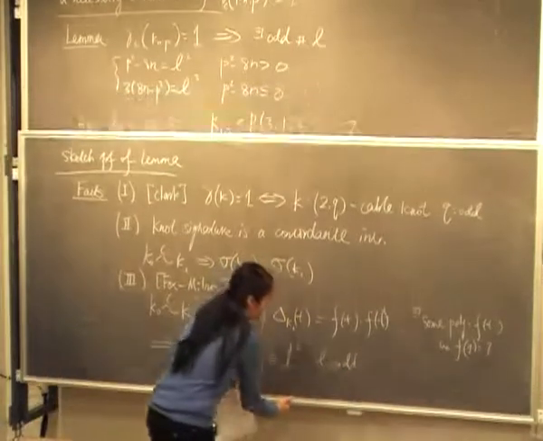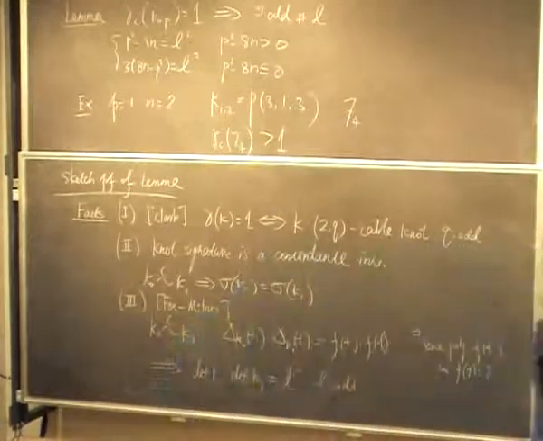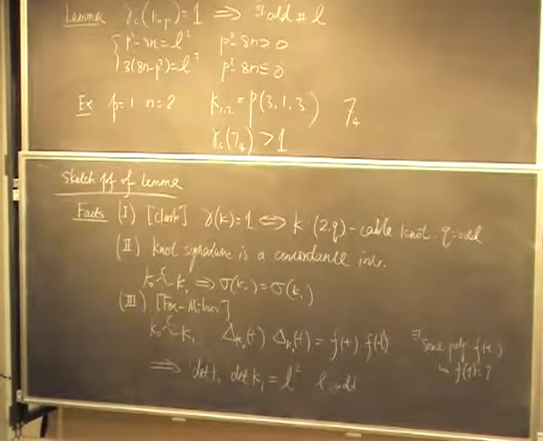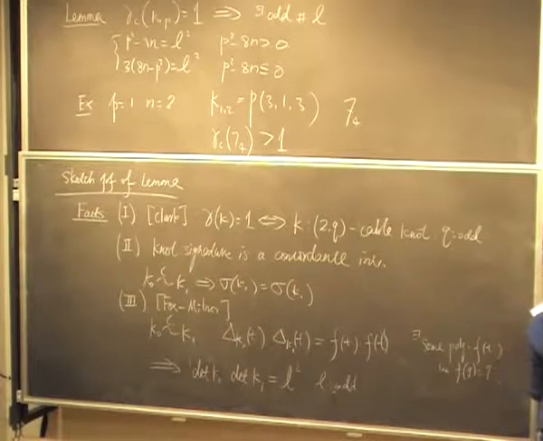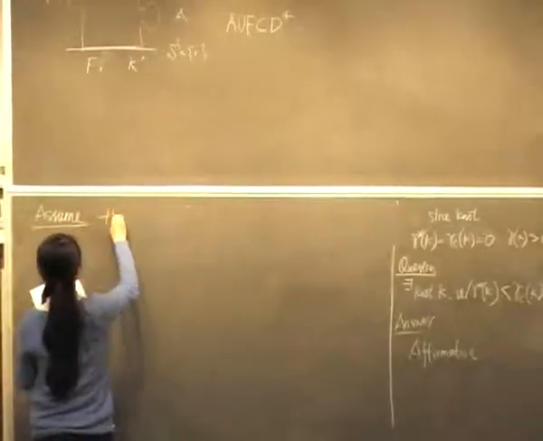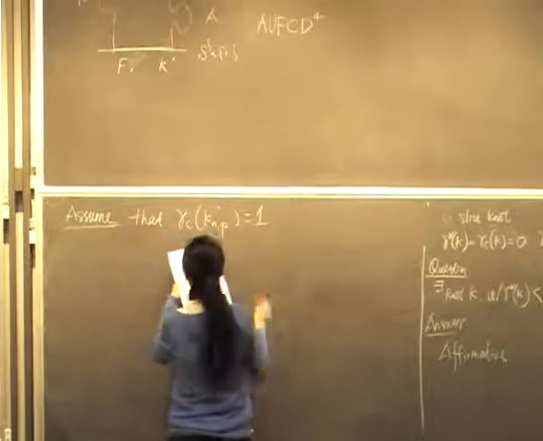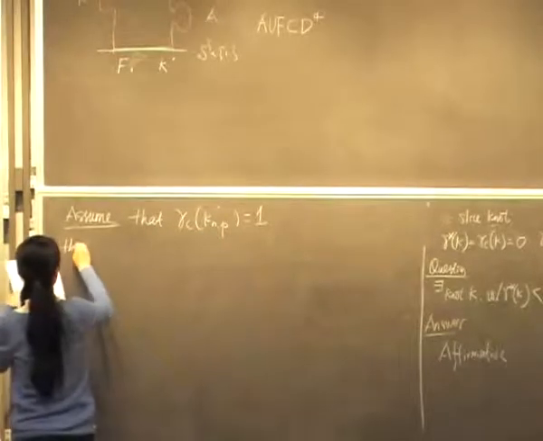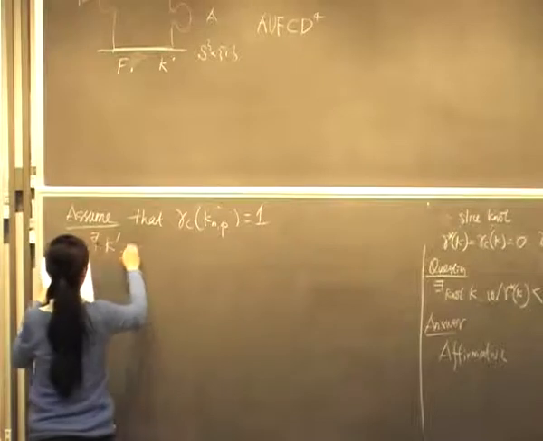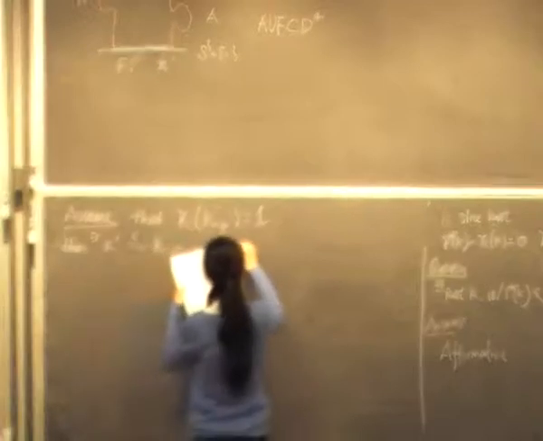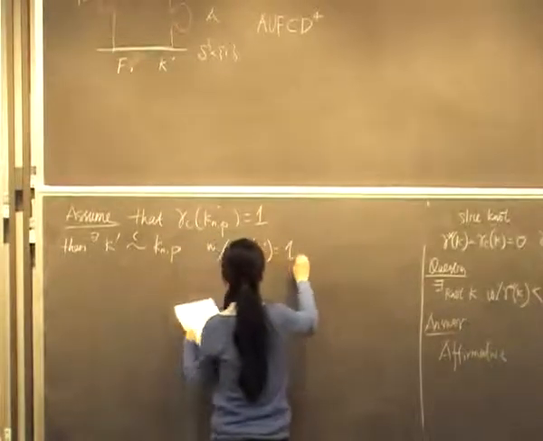Okay. So now, assume that gamma_c of K_{n,p} is equal to 1. Then we know that there exists K prime, according to K_{n,p}, with gamma of K prime equal to 1.